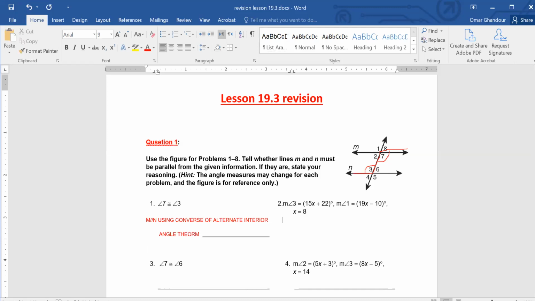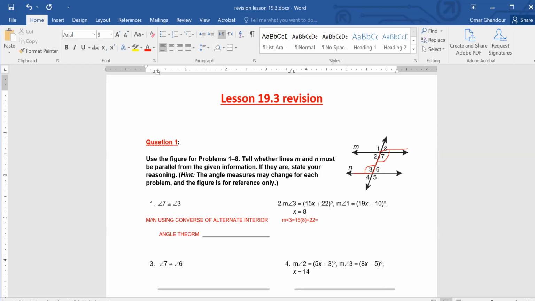So in the beginning, I'm going to tell him that measure angle 3 is going to be, and substitute, 15 multiply 8 plus 22. The result will be, let's check our answers. So it's going to be 15 multiply 8 plus 22.